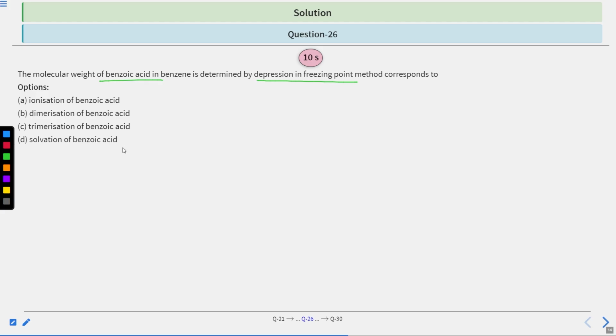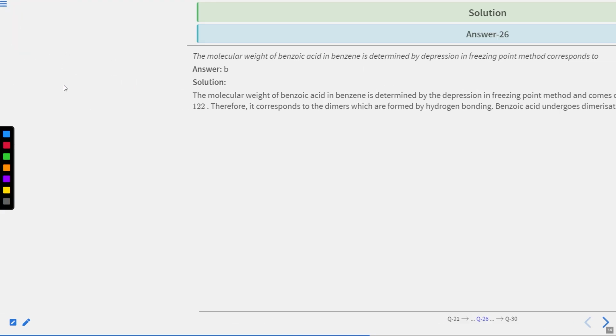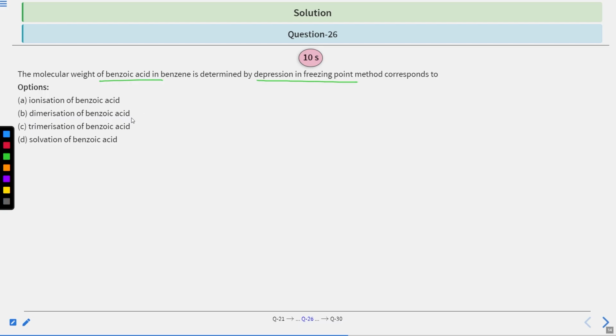So you have 10 seconds to solve this question. After that, we will see what the answer is. Okay, so the correct answer is option B, which is dimerization of benzoic acid.